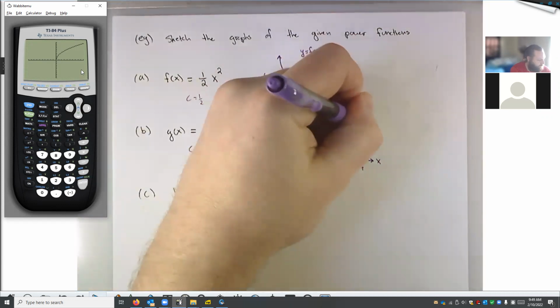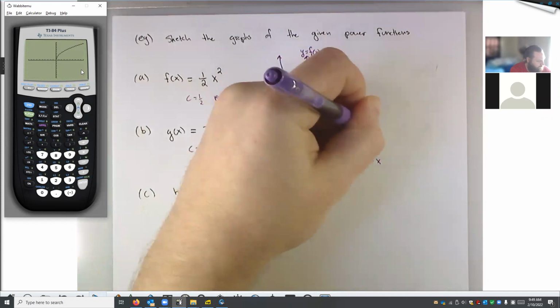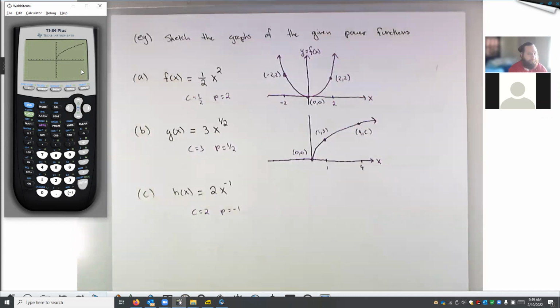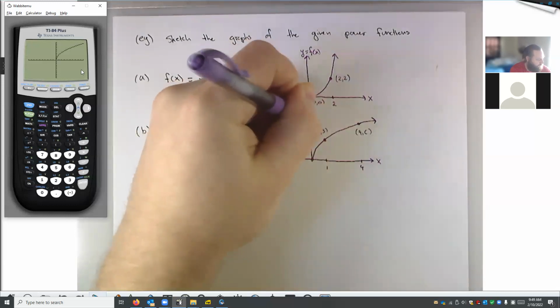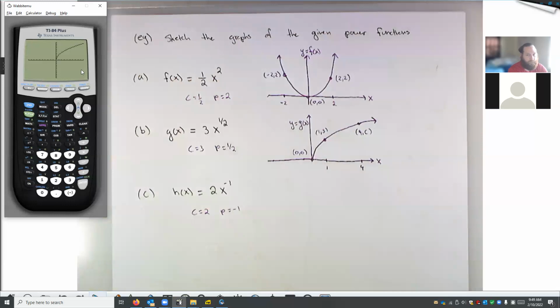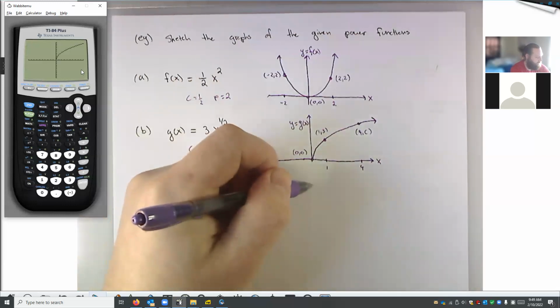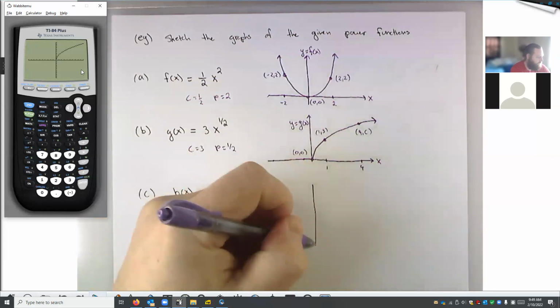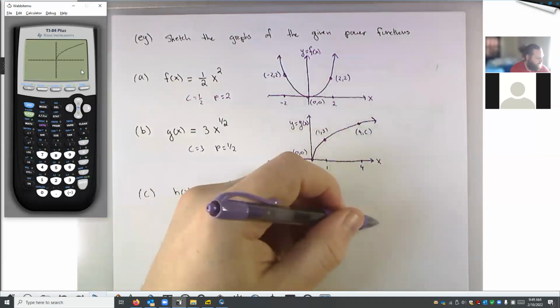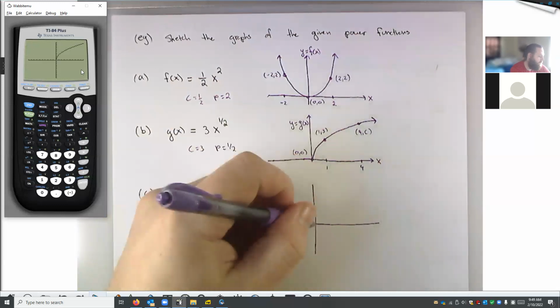So this point would be 4, 6. That's the graph y equals g of x. And this last guy is, of these three, my favorite. Because he has some features that we haven't seen on any graph before.